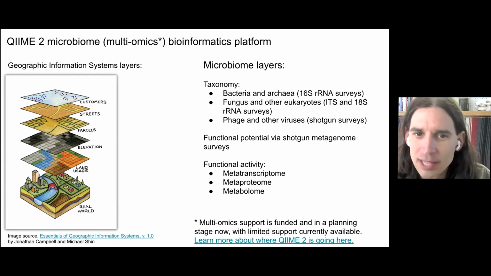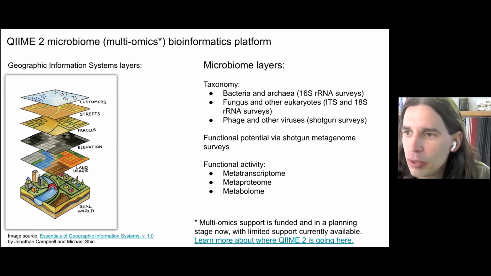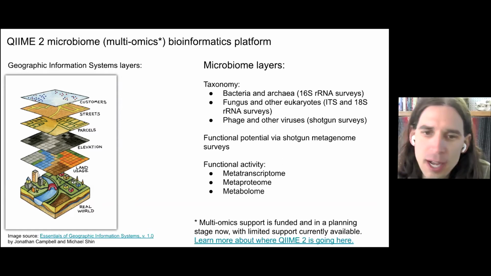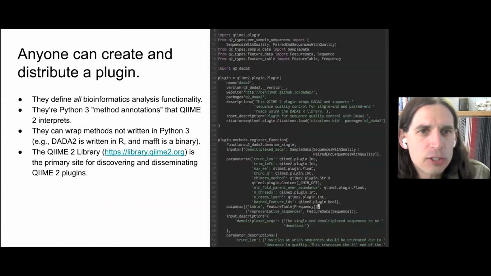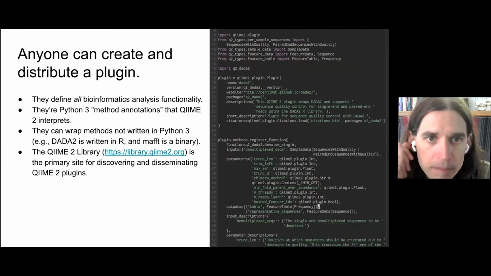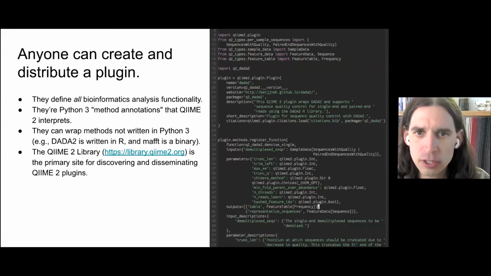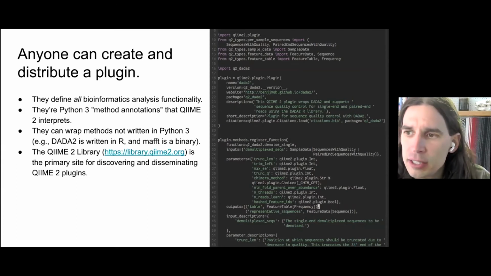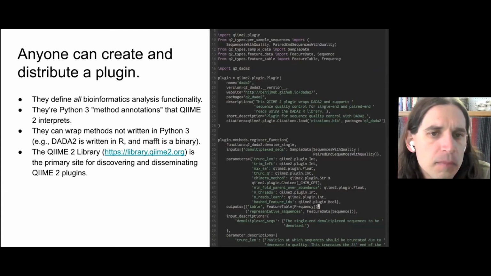And the answer is, at least my team on its own is not going to do that. We're going to be tapping into that huge developer network that I mentioned in my previous slide. And so QIIME 2 is built based on a plugin architecture. So we have this core QIIME 2 framework, but all of the bioinformatics analysis functionality is implemented in plugins.